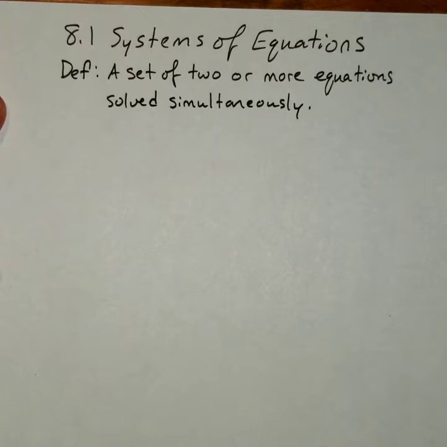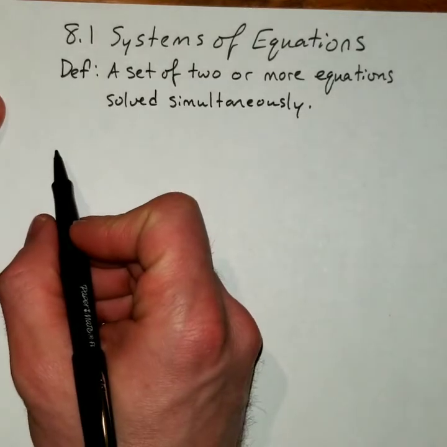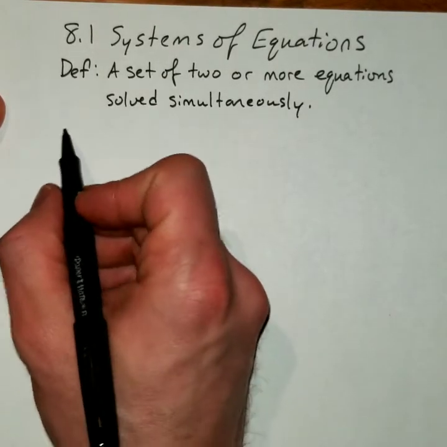Okay, and the solution, when you solve it, the final answer is going to be some sort of point. And we're going to call it the point of intersection of the graphs or of the equations.